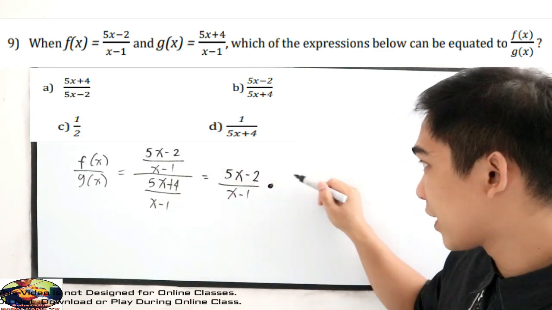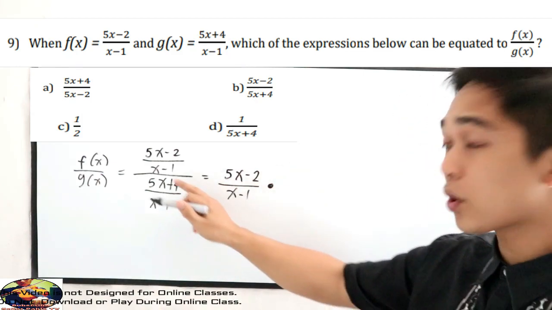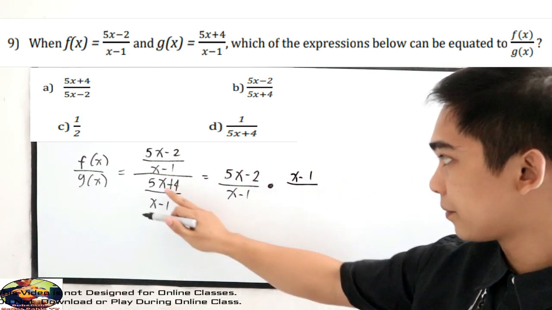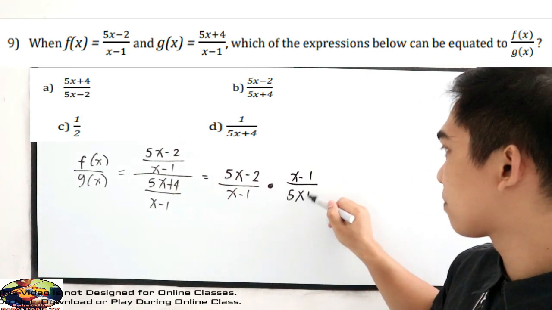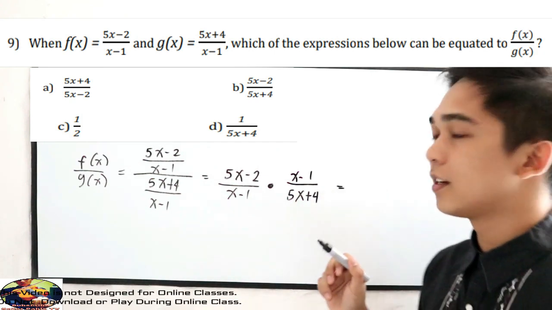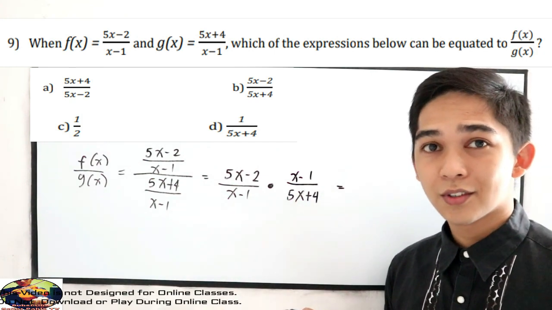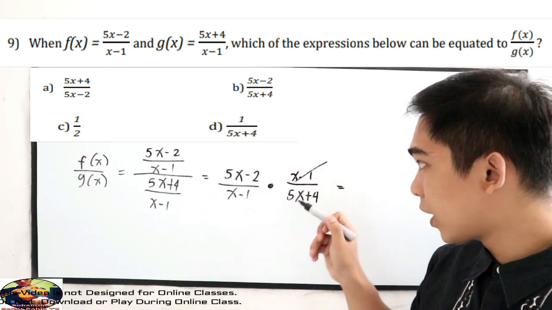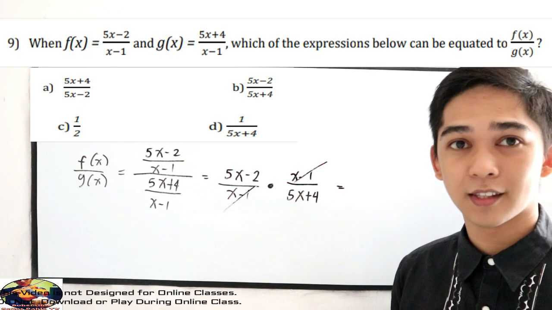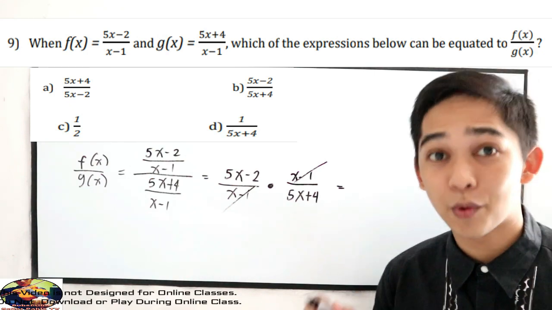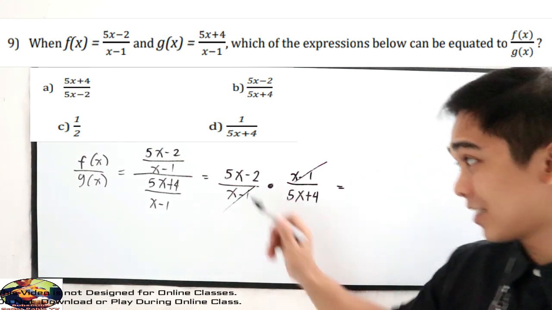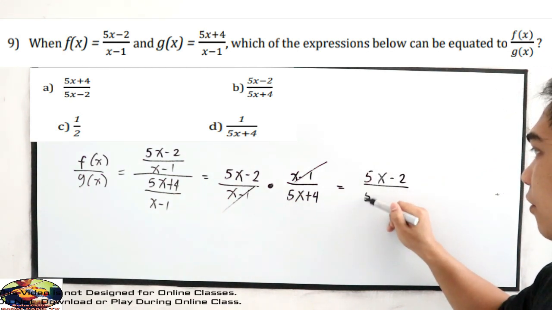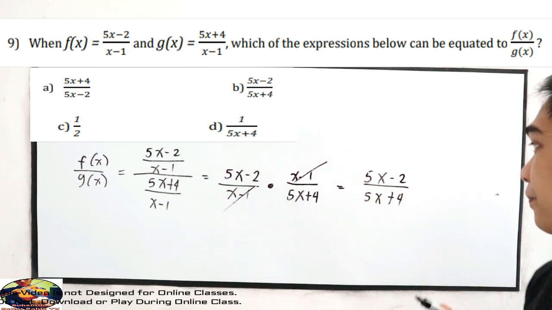The reciprocal of our denominator is x minus 1 all over 5x plus 4. And now, let us use cancellation method. So we can cancel x minus 1, x minus 1. And our final answer is 5x minus 2 all over 5x plus 4.